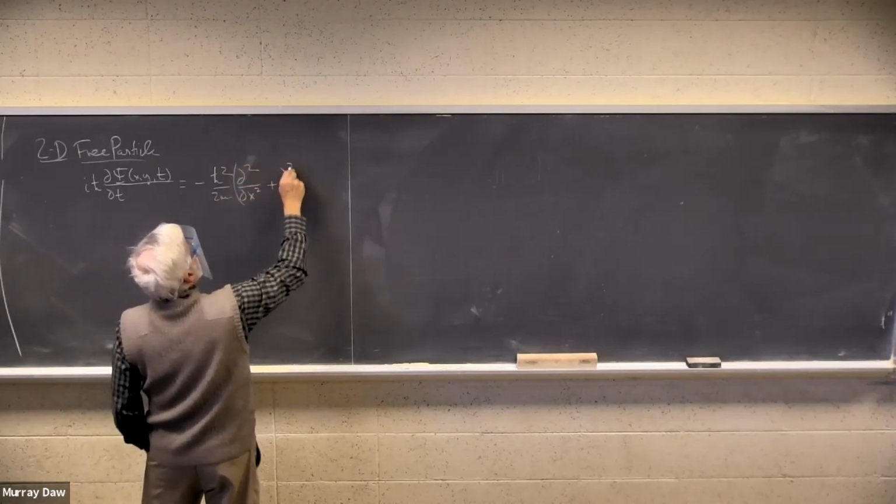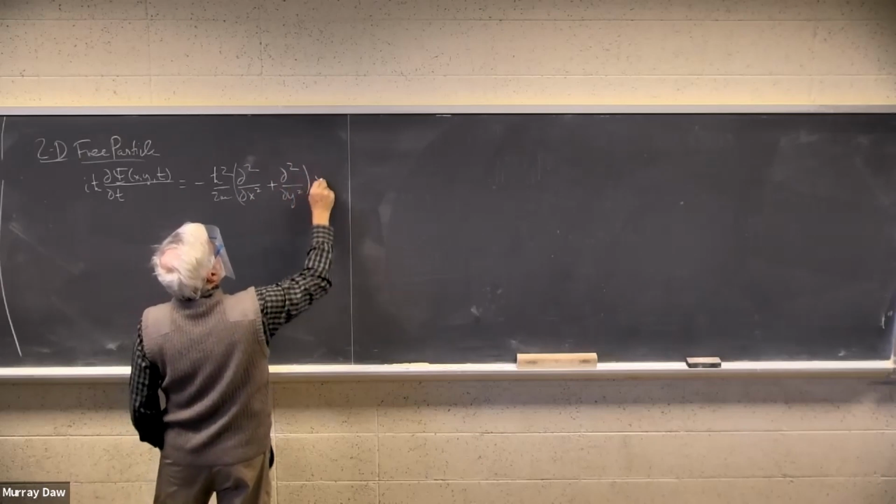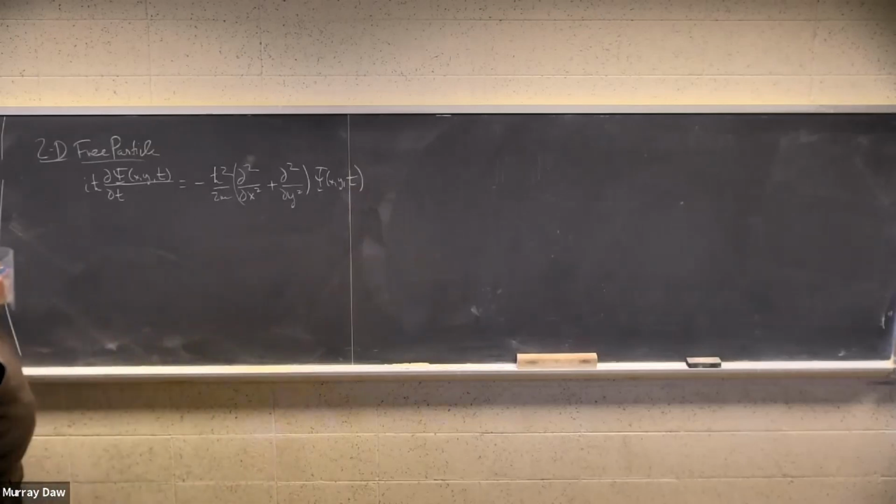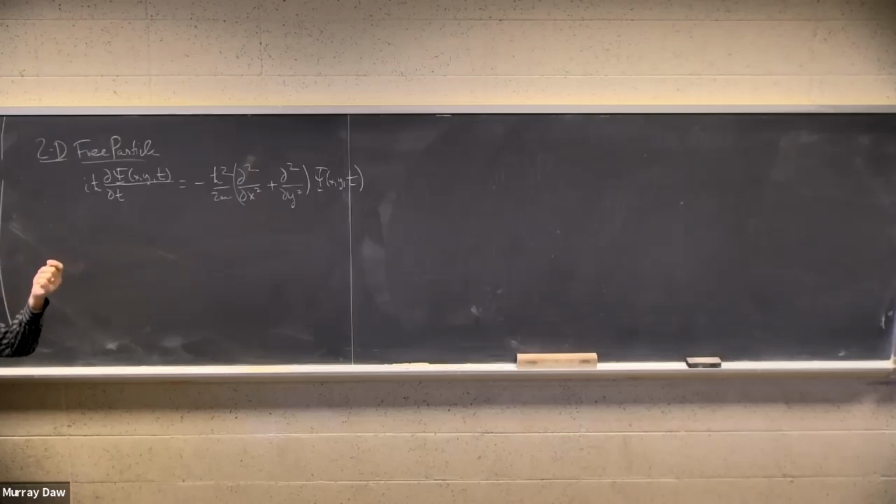We're going to try this free particle first. Okay, so now we have a function of three variables. The first thing we're going to do is try to peel out the time dependence.